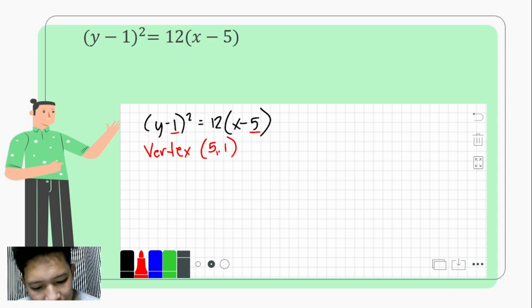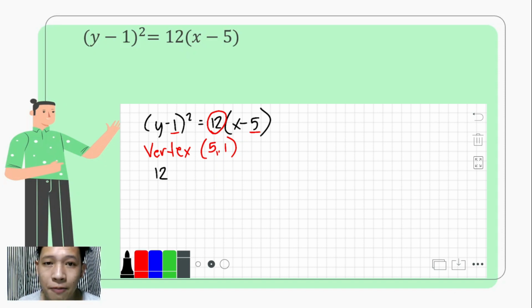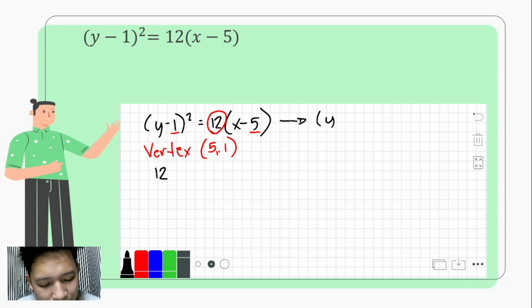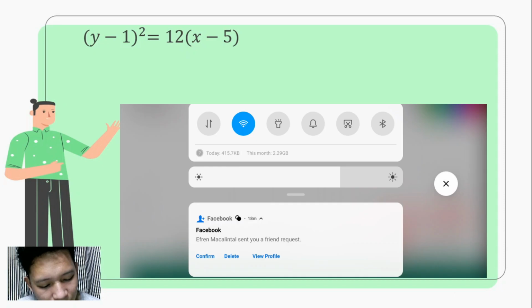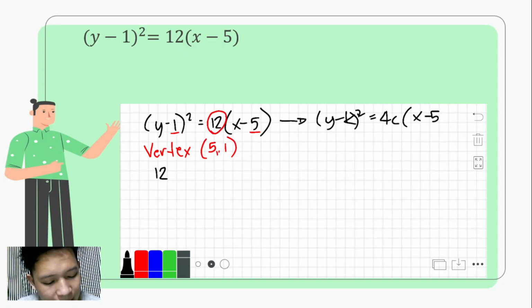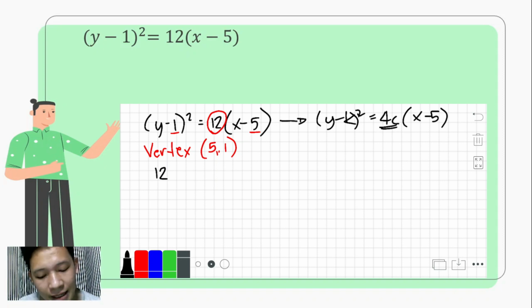And knowing that 12 po natin ay yung length ng ating latus rectum. And base dun sa ating standard form of the equation, ganito po yan, that is y minus k squared equals 4c times x minus h, then we all know that 4c here is the length of our latus rectum.